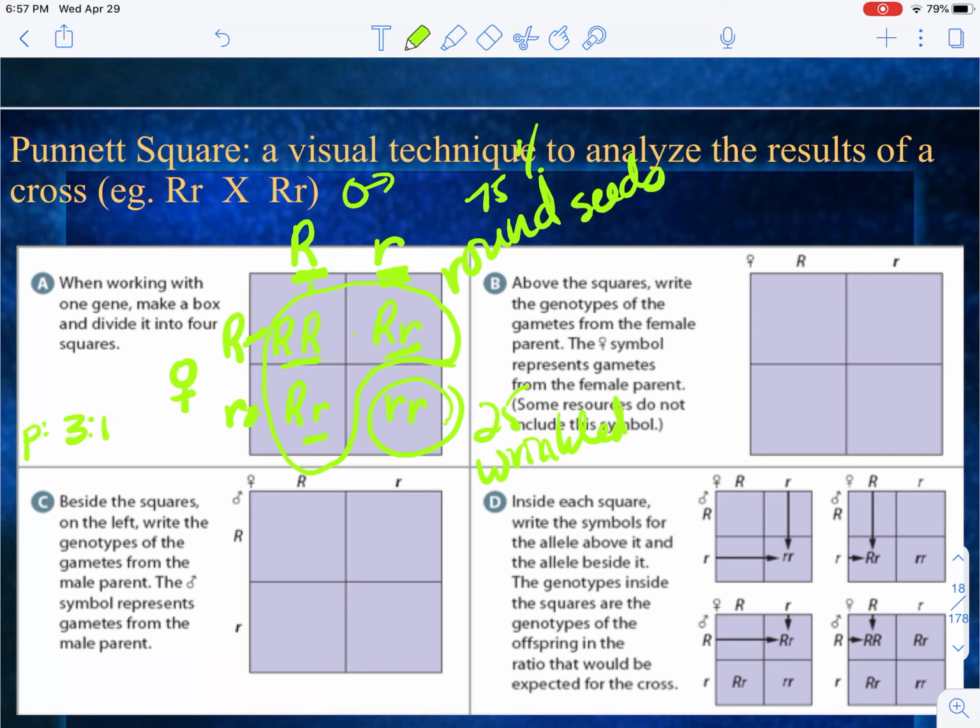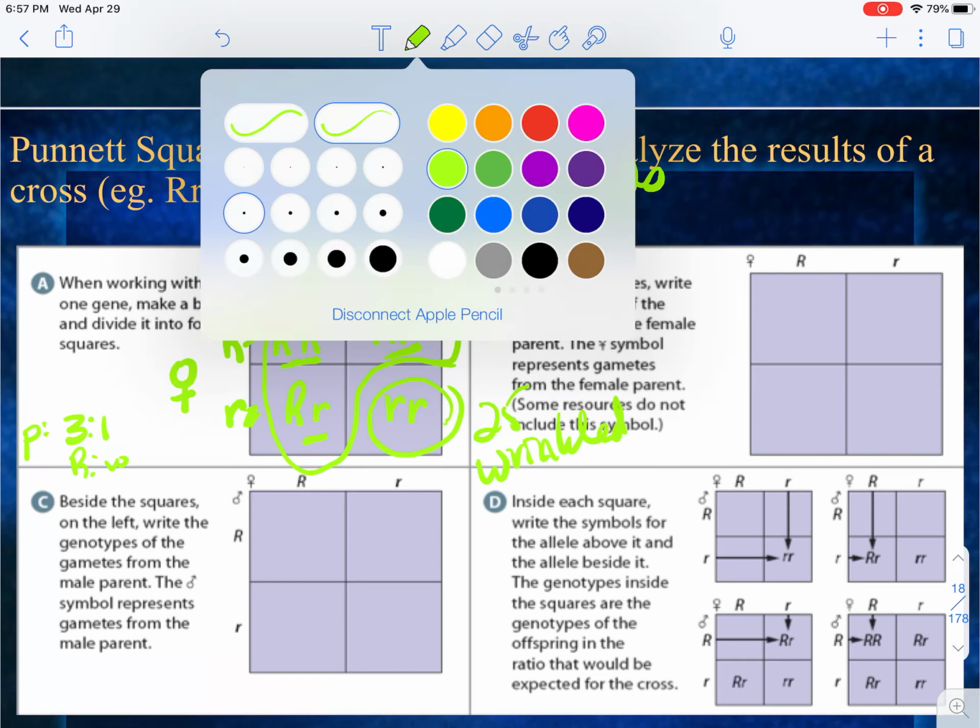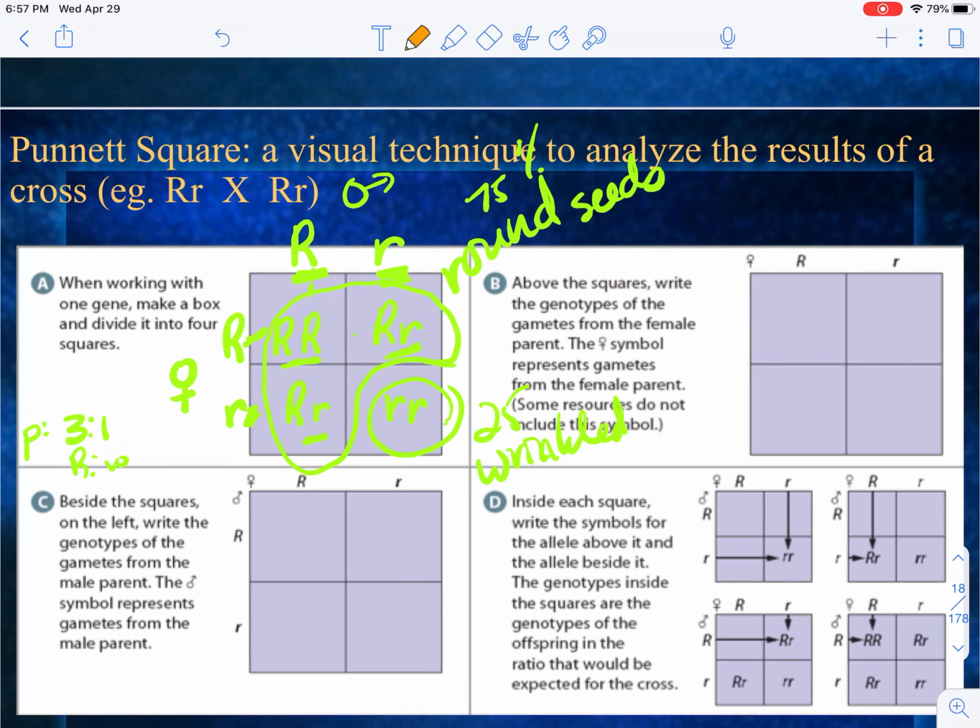So because it's 75 to 25, we say that it's a 3-to-1 ratio phenotypically. Physically, their offspring will have a 3-to-1 ratio of round to wrinkled. And that's how we use the Punnett square to see what the offspring are.